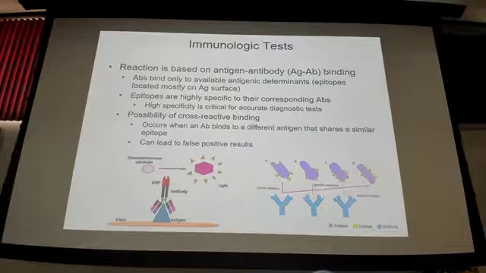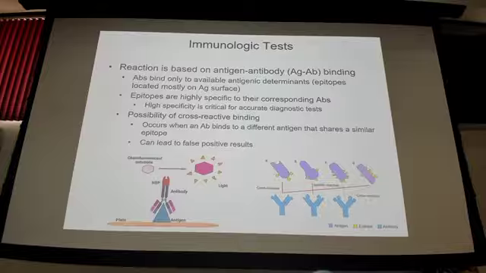In this case, it's an enzyme called horseradish peroxidase, where if you add a substrate into that well, then that enzyme will cleave that substrate and you'll get some sort of detectable signal, an indicator that the antibody is present in that sample. Whereas if you have a well without that antibody, you do not get cleavage of that substrate and you don't get any detectable signal.